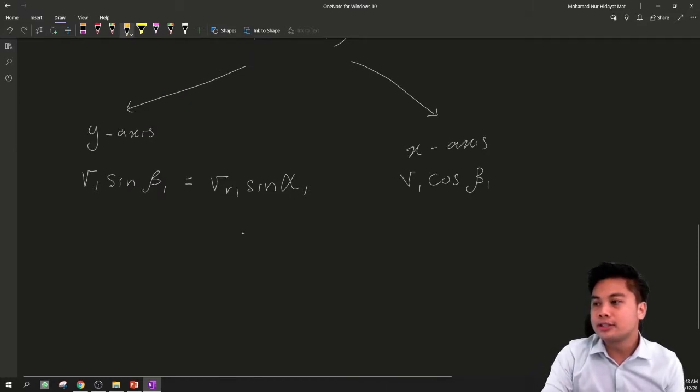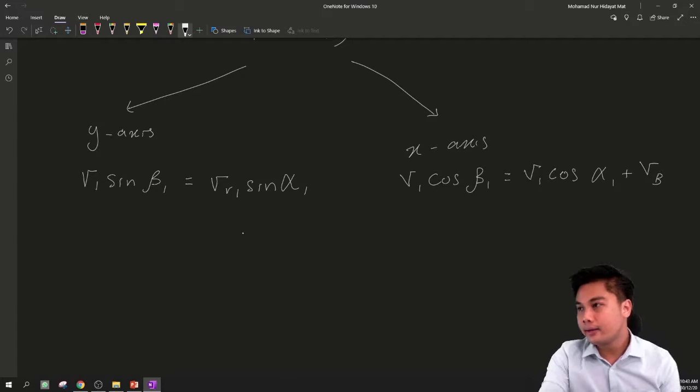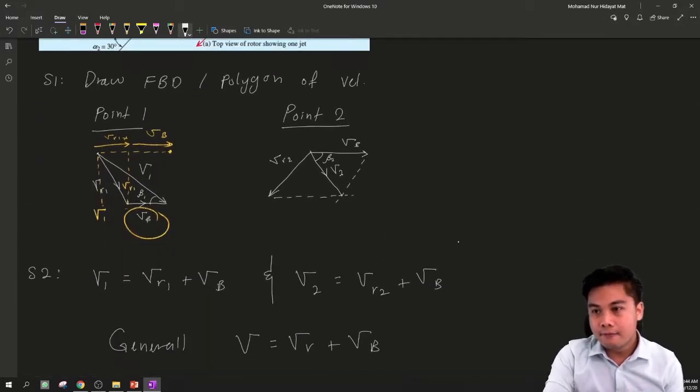So V1 cos beta 1 is actually equal to V1 cos alpha 1 plus VB. Remember that this V1 cos beta 1 will reach this one.